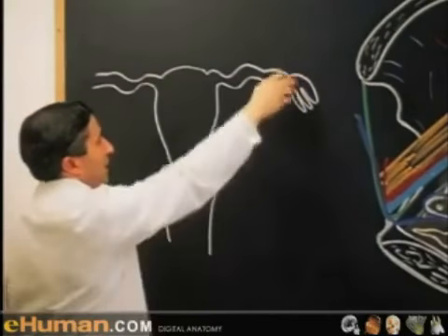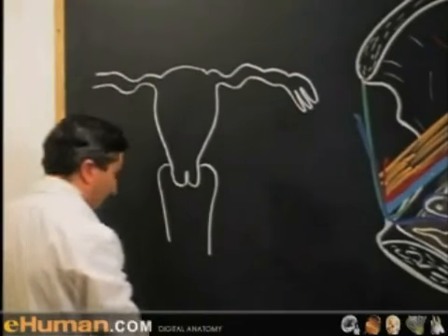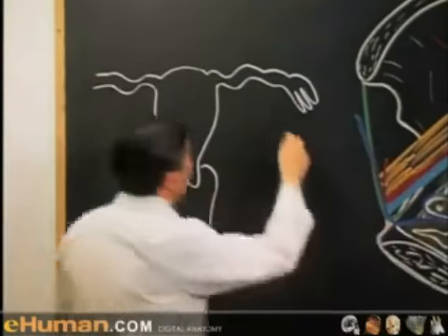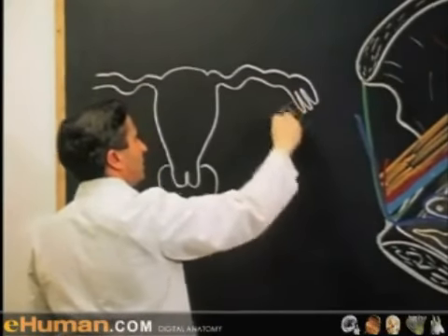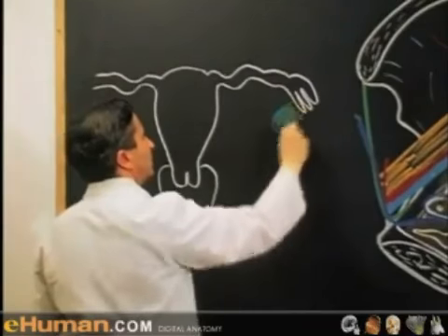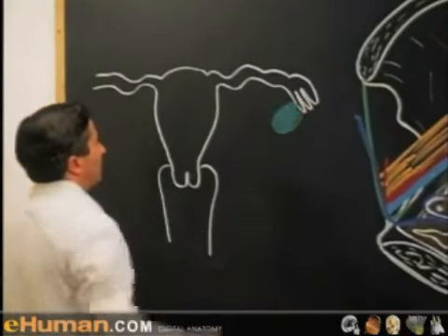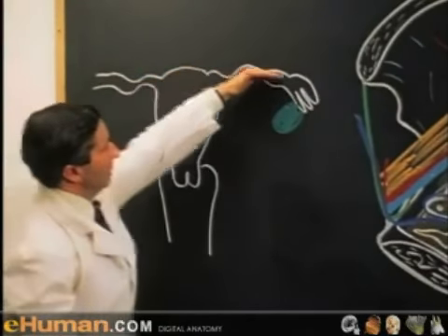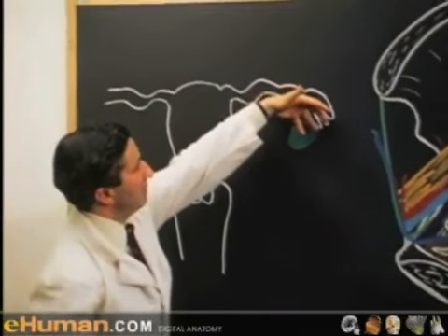Now the fimbriated end of the uterine tube is related to the ovary in this manner. So the uterine tube runs laterally to the lateral wall of the pelvis and then ends as a fimbriated end.